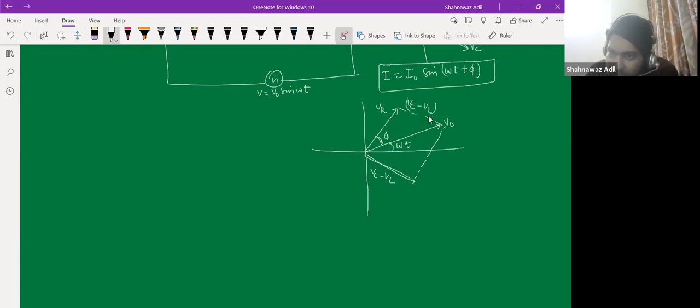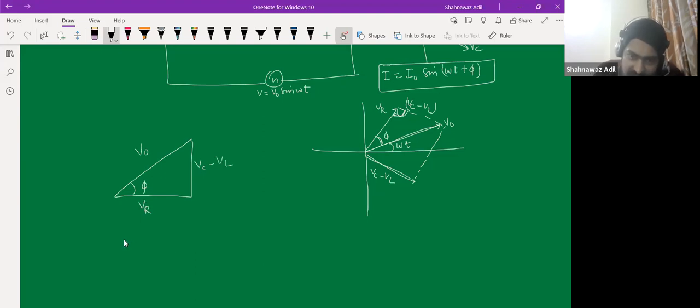These angles are 90 degrees, so this is your hypotenuse. This diagram is very important: phi, the hypotenuse is V naught, the base is VR, and this is VC minus VL.